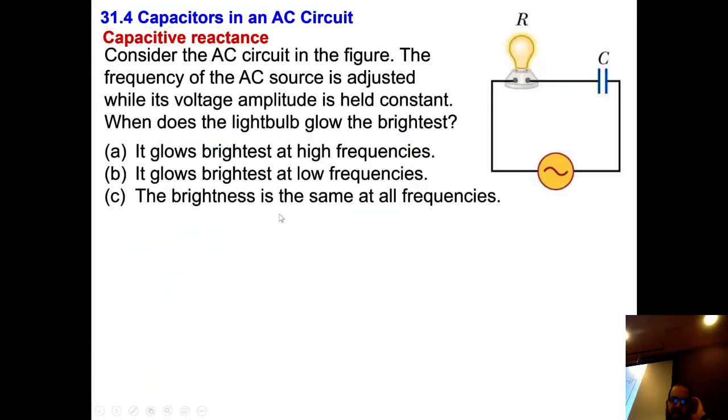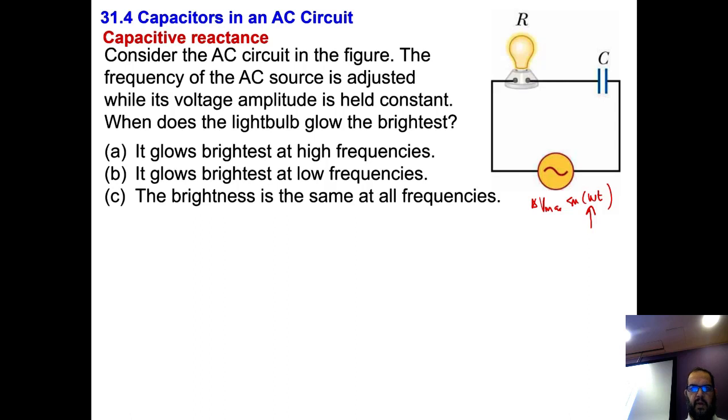Okay, now let's try to use this knowledge and answer the following question. Consider an AC circuit in the figure. The frequency of the AC source is adjusted, and this is delta V max sine omega t. So we can adjust the frequency, so we can adjust omega, while its voltage amplitude is held constant.